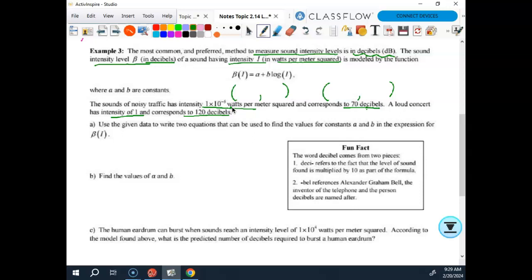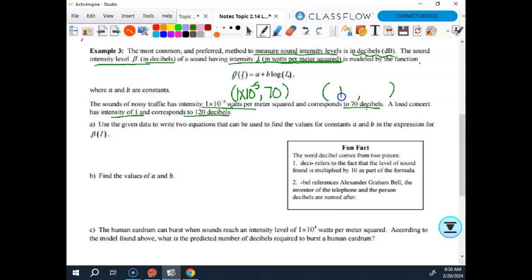The watts. B of I is your input, right? I is in watts per meter squared, so the intensity is the input. The decibels are the output. So that means this x value is 1 times 10 to the negative 5th, and the y value is 70. What is the other ordered pair going to be?